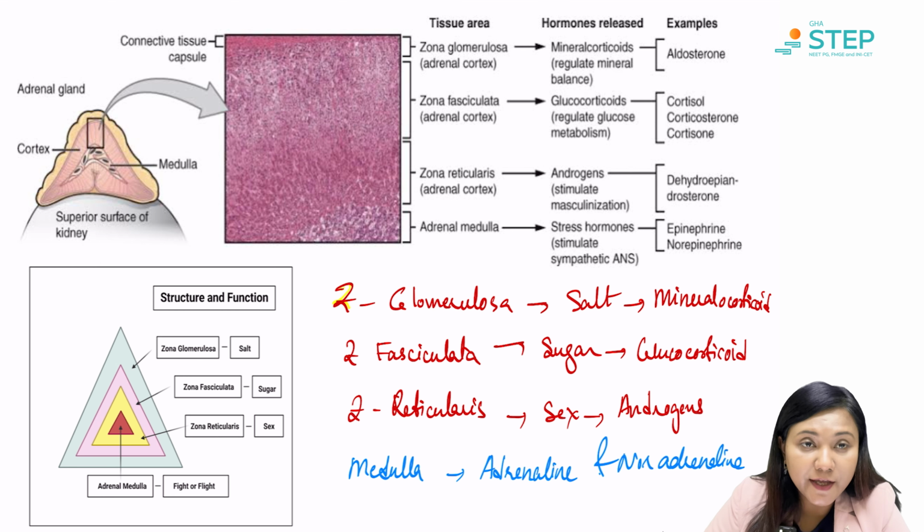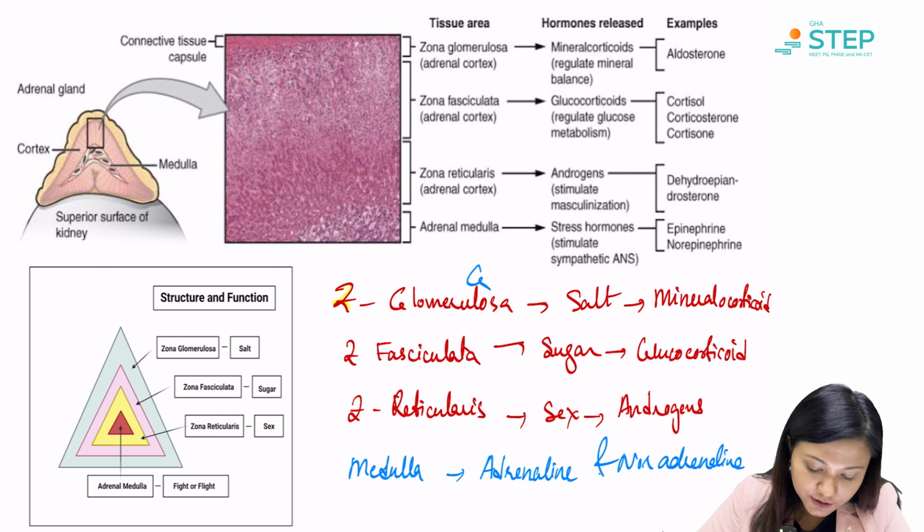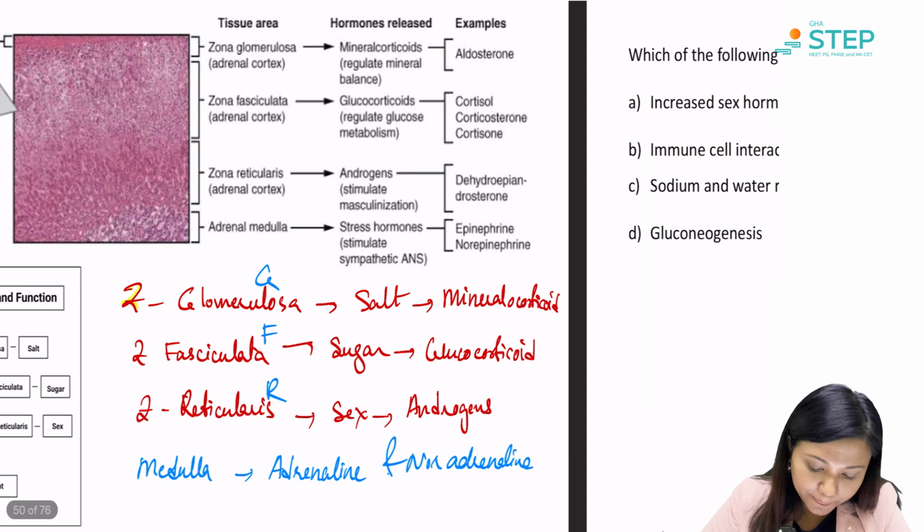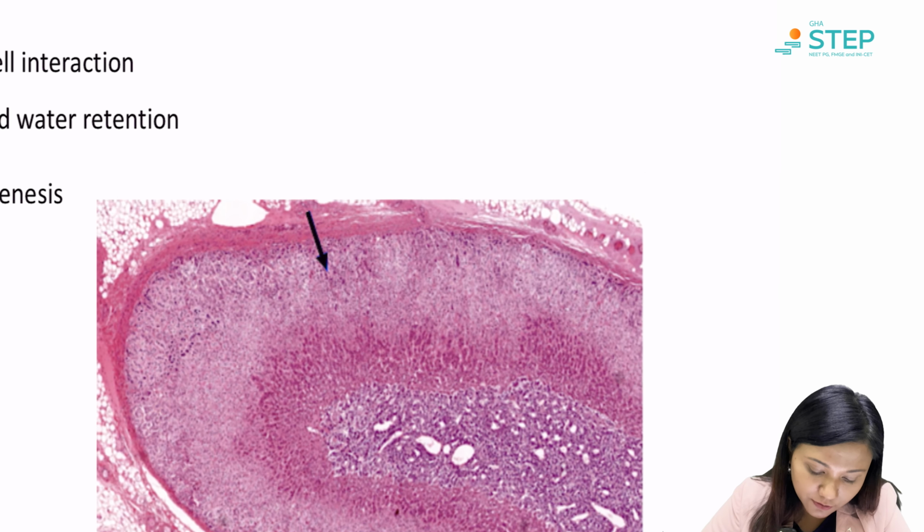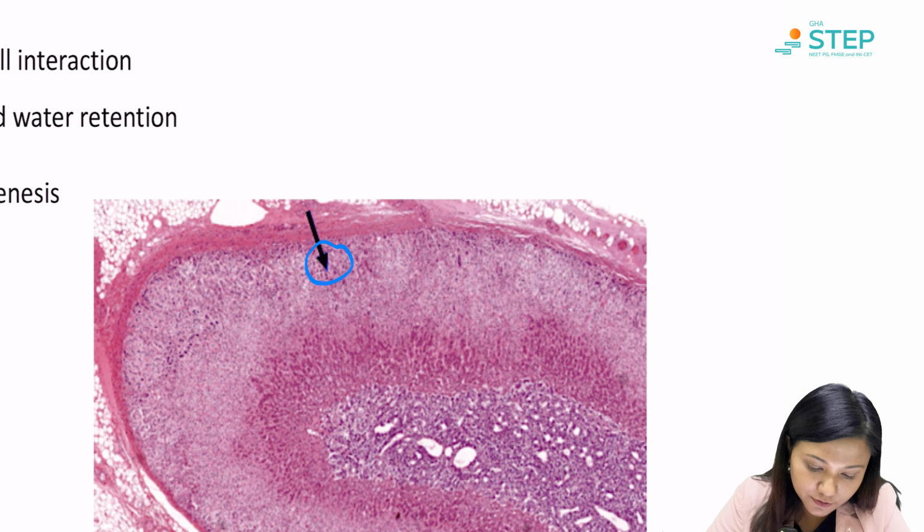The innermost is the adrenal medulla, so adrenaline, noradrenaline, and then if you go from inner to out, that is reticularis, fasciculata, and glomerulosa, or out to in, that is GFR. Okay, that is GFR. So in this question they have marked the outermost structure, this area. So this is your zona glomerulosa.